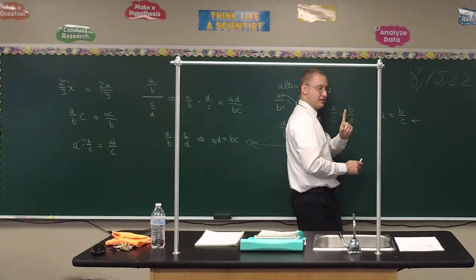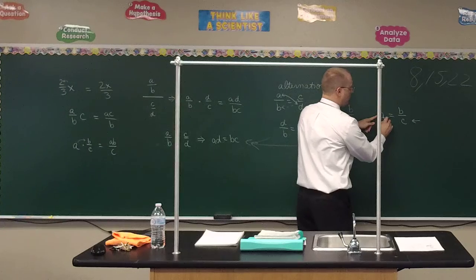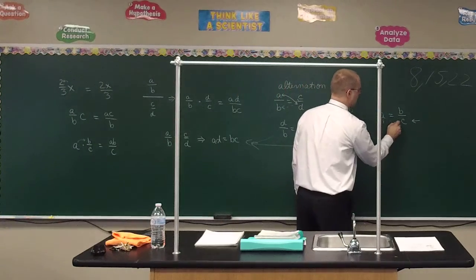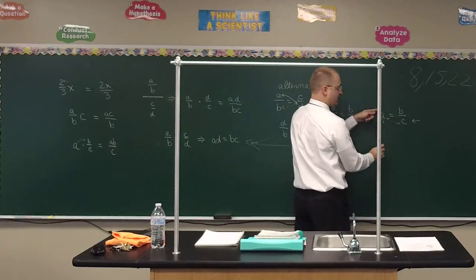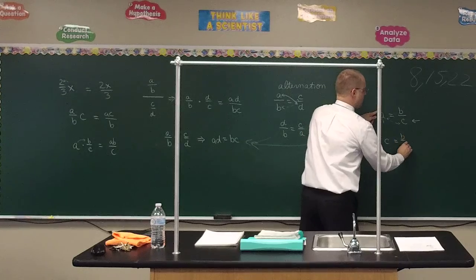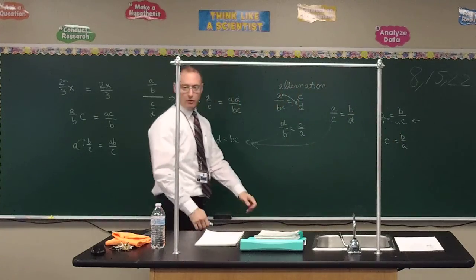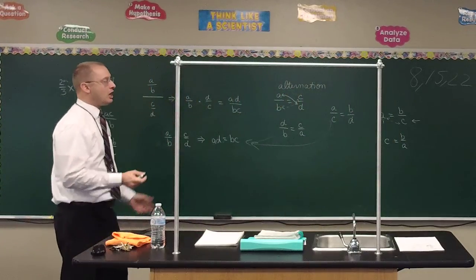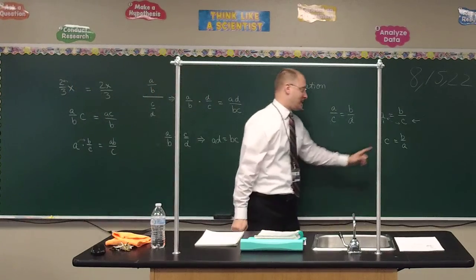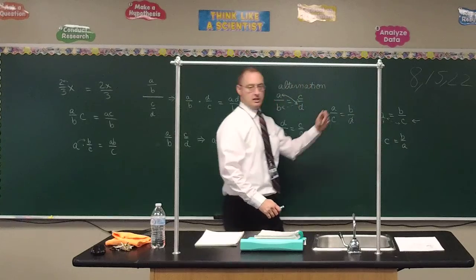You ready, Michael? Okay. If you put the A over 1, you've just made a proportion. And if you simply alternate these two values, you now have the C over 1, I don't care about the 1 anymore, and you have the B over the A, and boom, the C is by itself. So in one easy step, you get the letter by itself that you want. So if the letter you want is in a denominator, alternate to get it out.